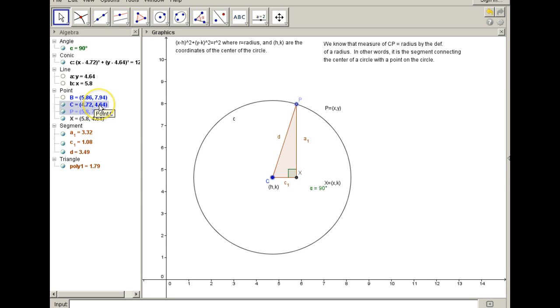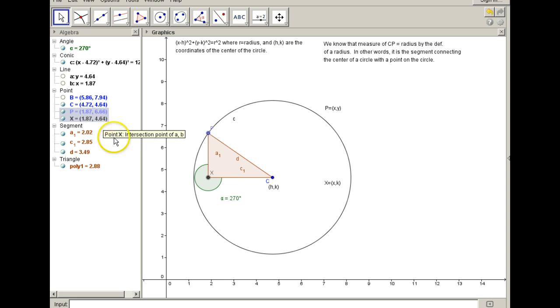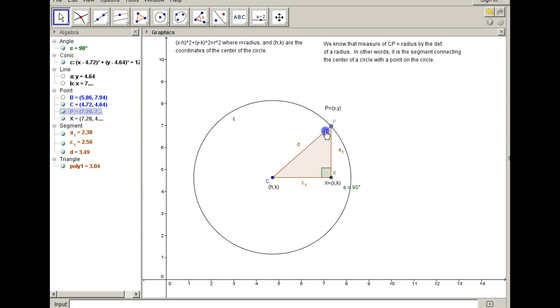C has a Y value of 4.64 and X has a Y value of 4.64. So no matter how I move this, point P and point X have the same X value. Point C and point X have the same Y value. So that's the point that we're looking for, the point that has the same X value as P and the same Y value as C.